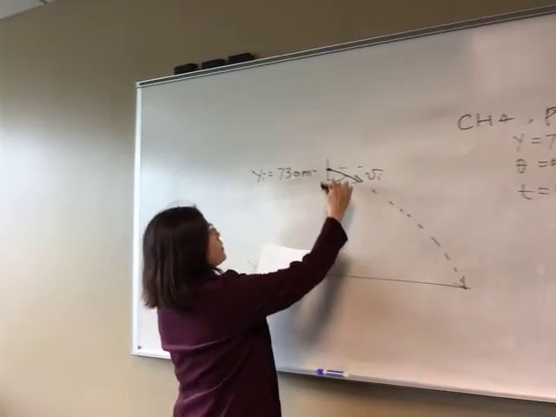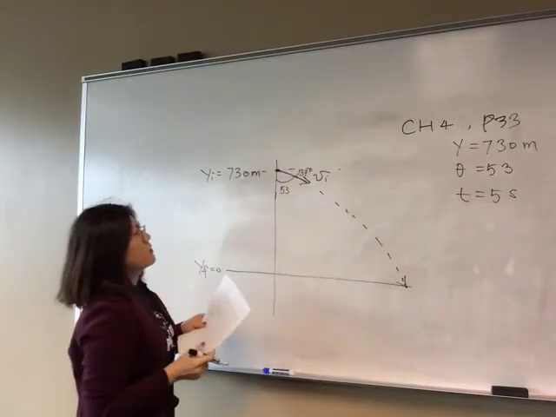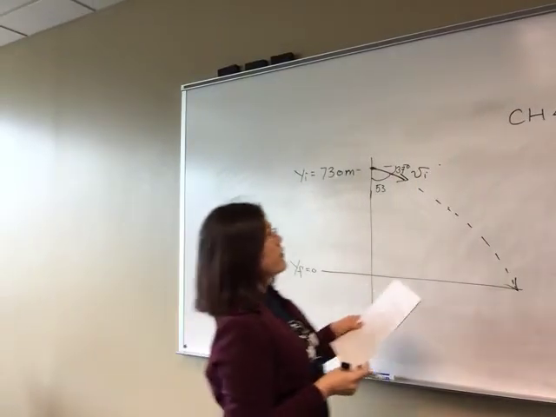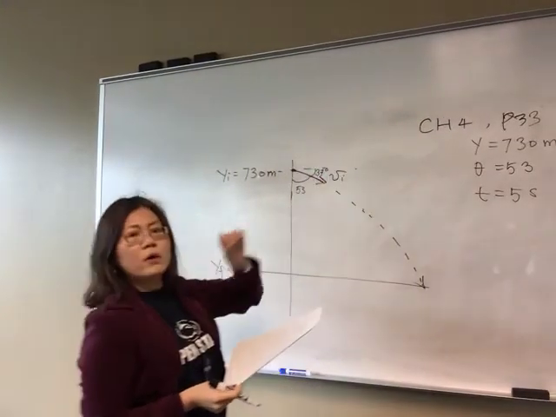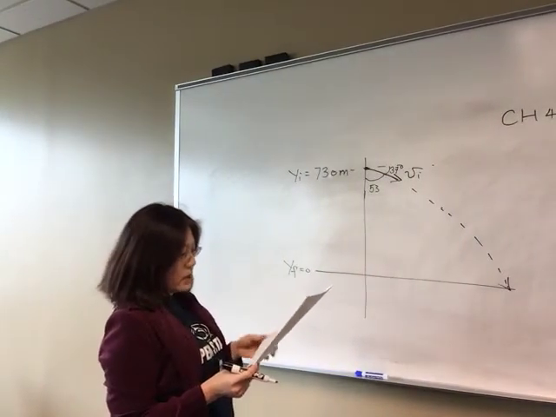If this is 53 degrees, you can actually use this, so that's 37 degrees. It doesn't matter which angle you use. So if theta is 53, that small angle close to the positive x-axis is 33 degrees.